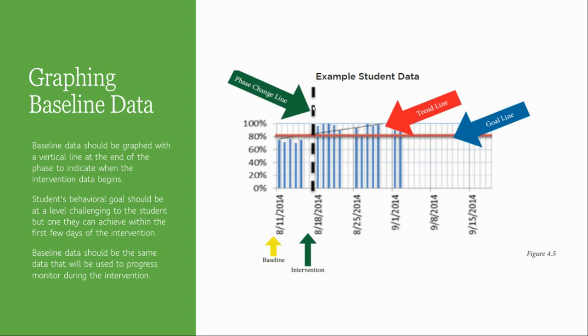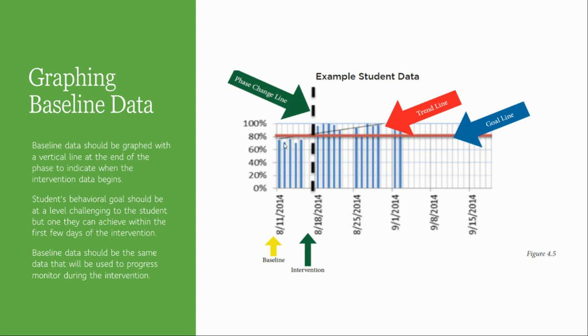They have a vertical line to give us an idea of when that intervention is actually beginning. The information before this vertical line is going to be that baseline data. We set a goal of a student receiving 80% of their daily points.